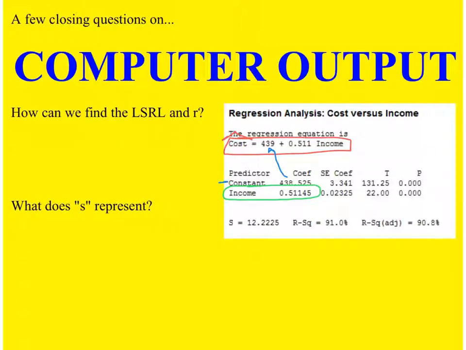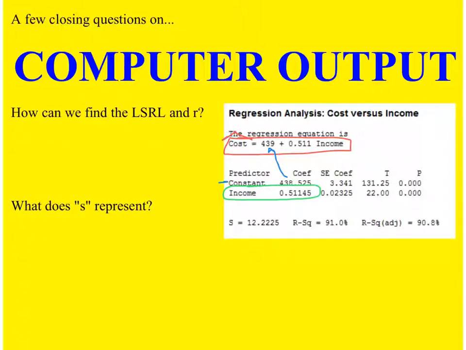So you'd have 0.51145 times income. So cost hat would equal that. So that's how you find the LSRL: the y-intercept is next to constant and the slope is next to the explanatory variable.